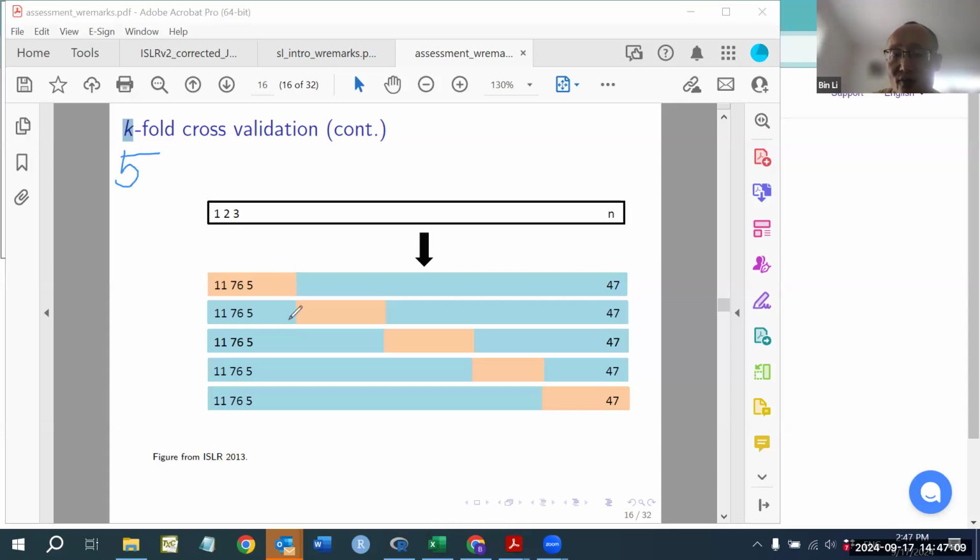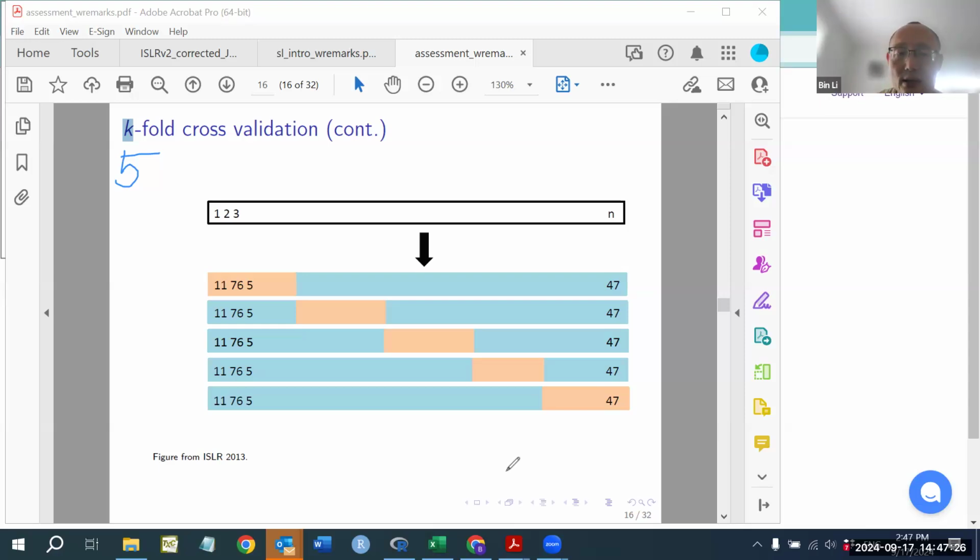So we evenly split the data into five parts. And you may ask, what if we cannot have an even split? Then it's close to it; if the parts cannot be exactly the same size, just approximate.